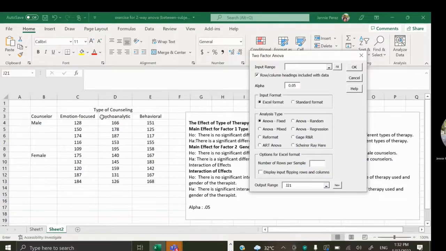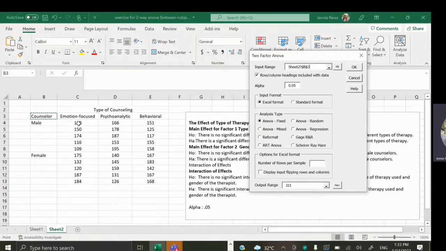Okay. So we now highlight. I got here, how many are these? We have 5 for each row. So there are 30 clients here.